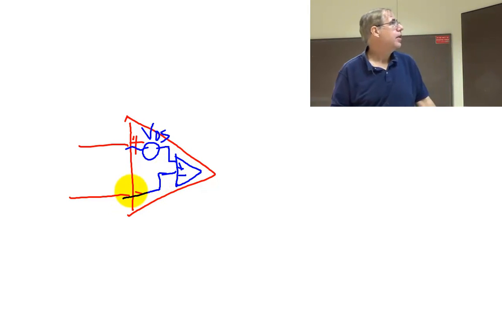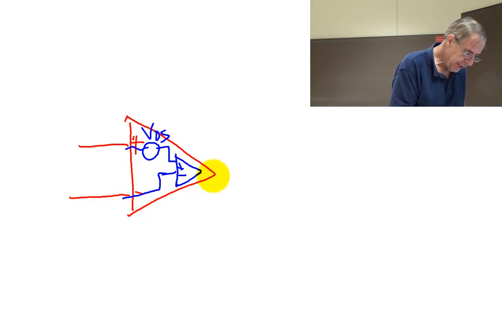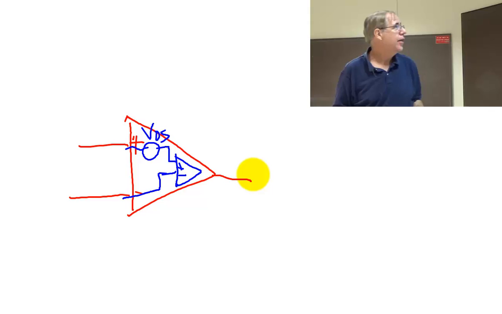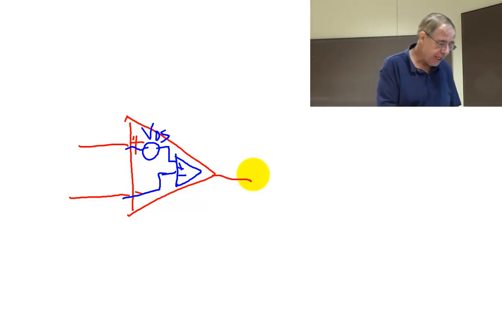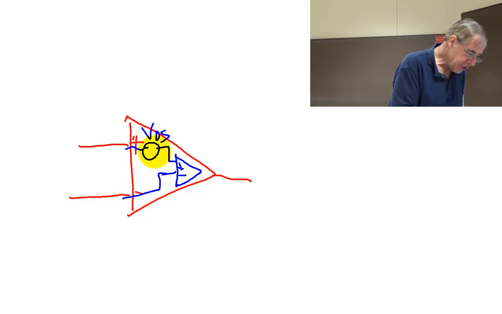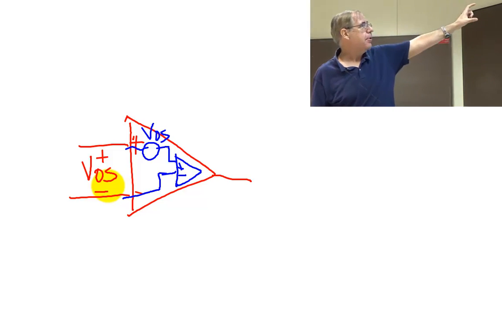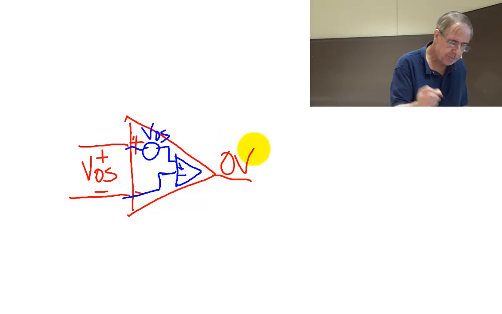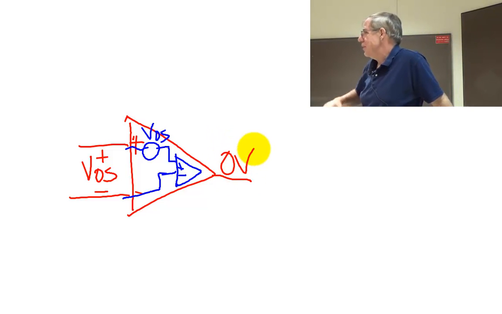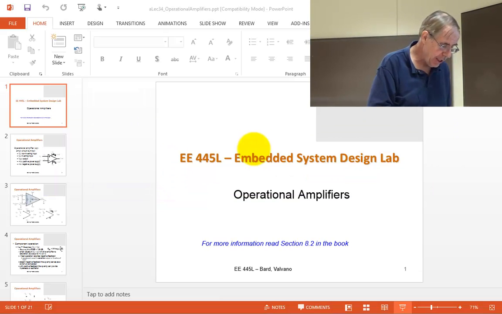You can think of a real op amp, the red one, sort of embracing an ideal op amp, the blue one, and the offset voltage is the actual voltage that, if you put it at the inputs of your op amp, would give you a 0 output. That's what offset voltage is.